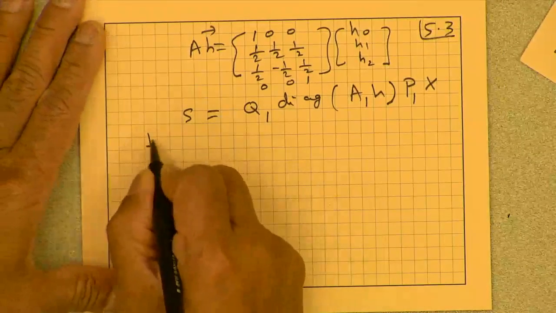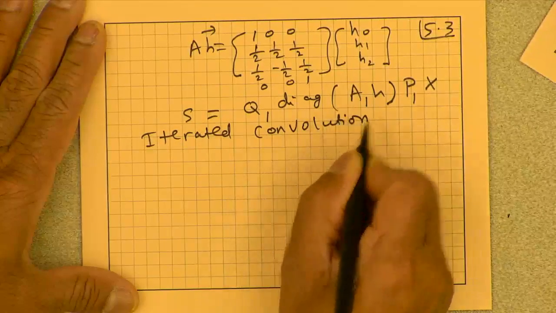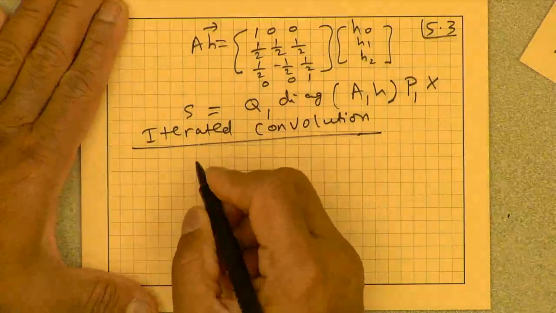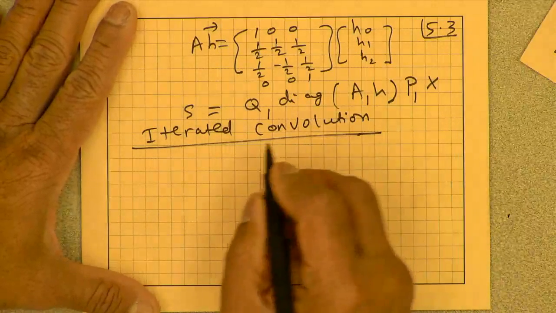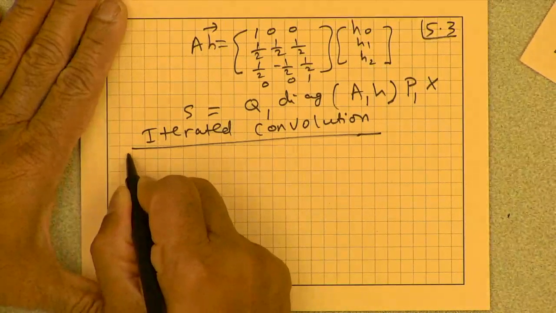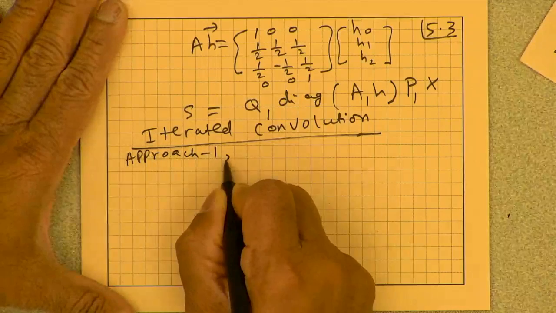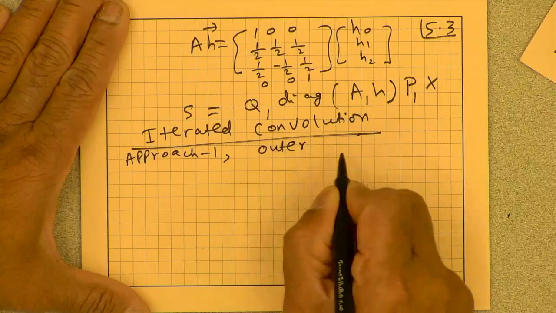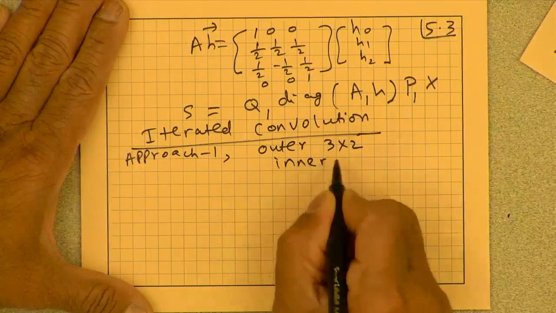For the iterated convolution, we will try to understand both approaches. Let's take this as iterated convolution approach 1. In this case, the outer convolution will correspond to 3 by 2, and the inner convolution will be 2 by 2.